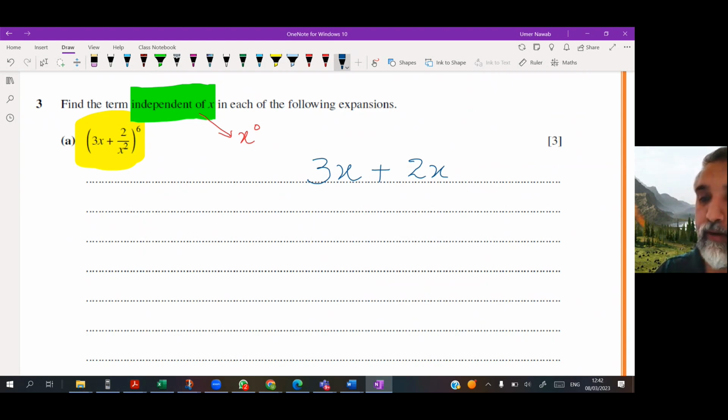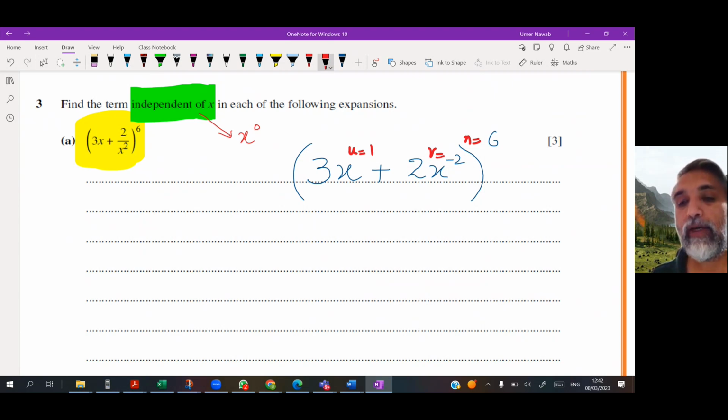X squared becomes x raised to minus 2 here. Now come on, boys. Right here, your n is 6, your v is minus 2, and your u is 1.